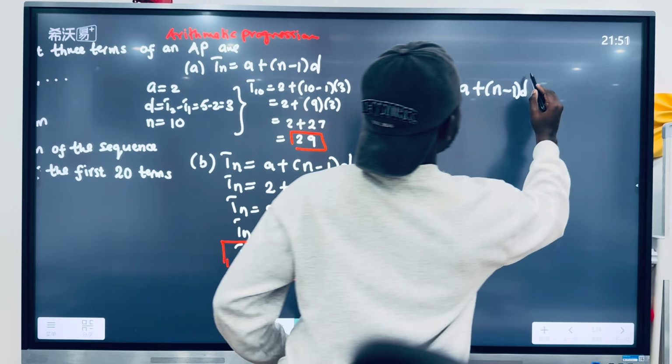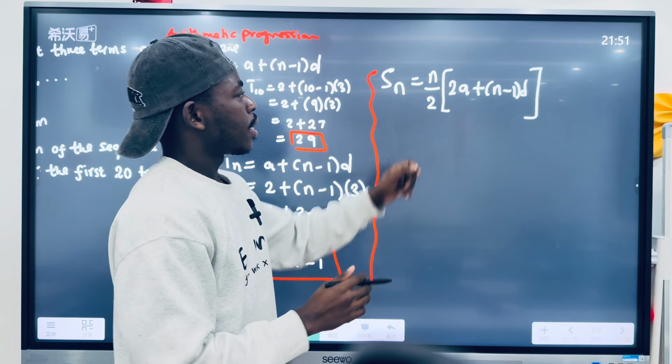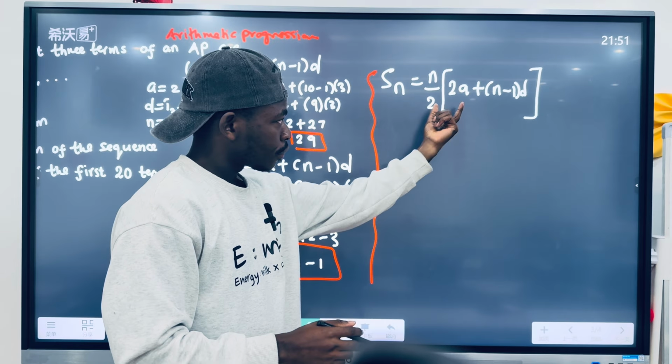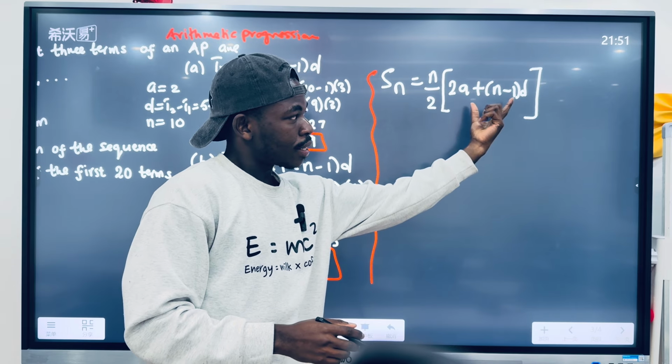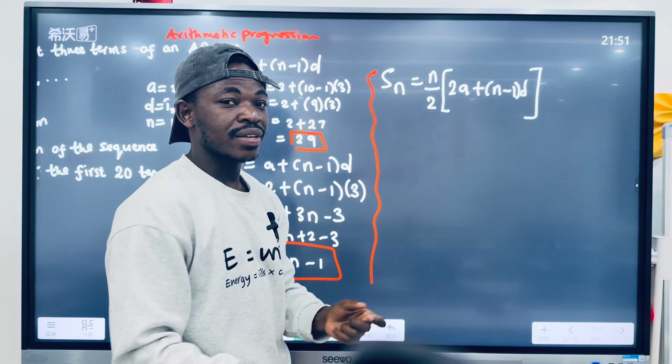So this is the formula. The sum of the first n terms is equal to n over 2 multiplied by 2a plus n minus 1 times d. That is how you find the sum of the first n terms.